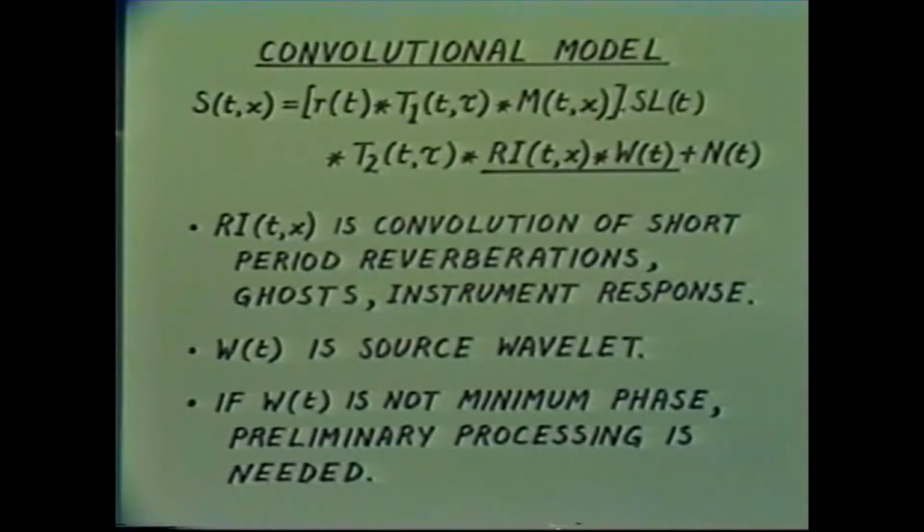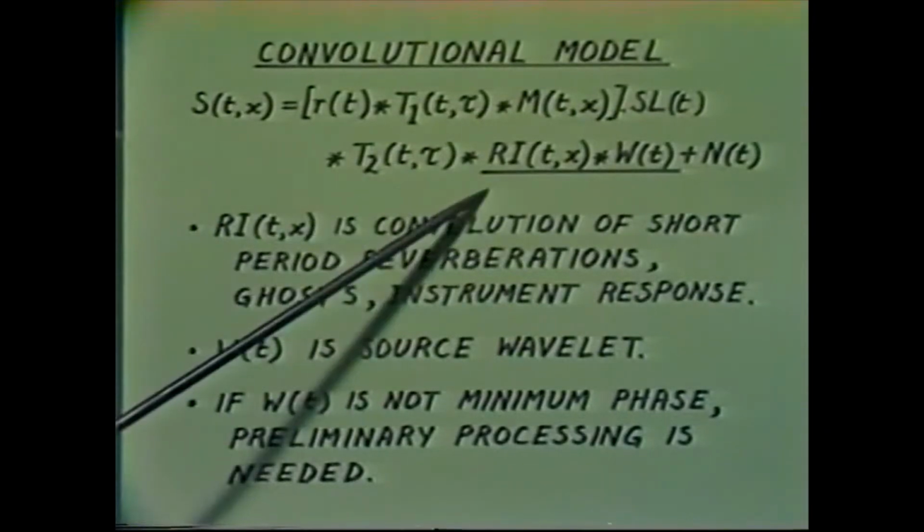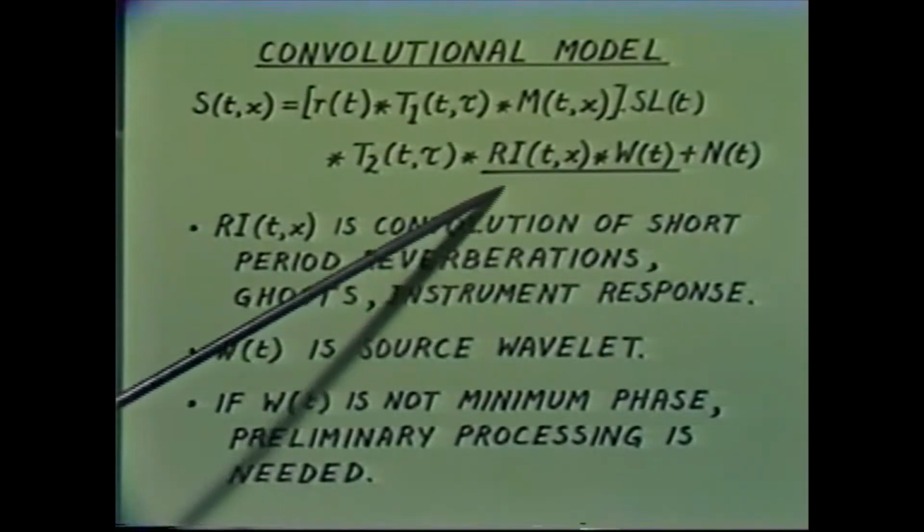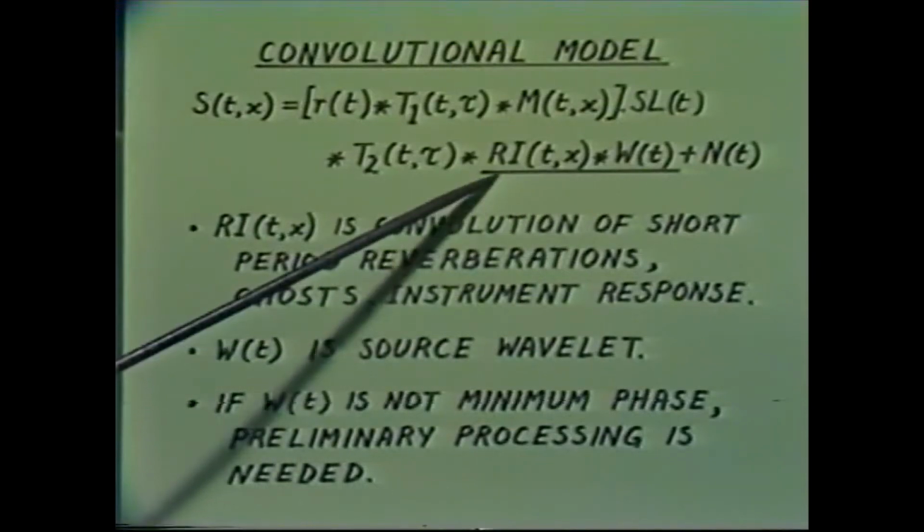Now, designature is part of the wavelet processing sequence based on the convolutional model which has been discussed in previous lectures. And designature is designed to remove, or correct rather, the 2 terms in the convolutional model equation which are underlined here.